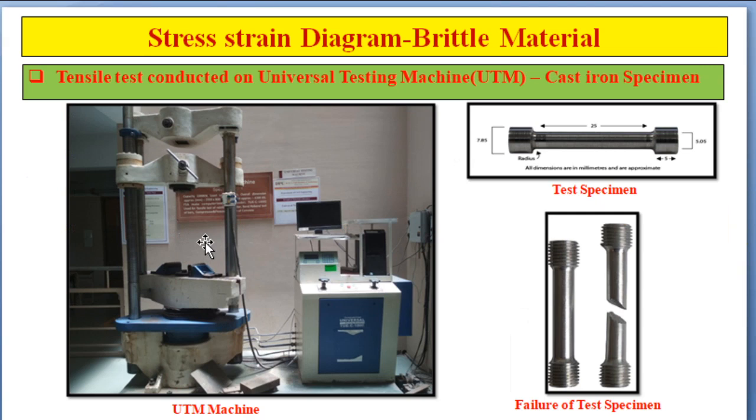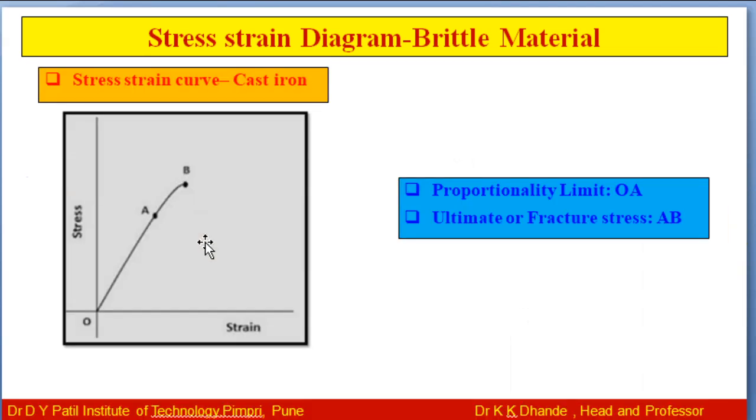Now when we see the stress strain diagram for both materials, you can observe that here the diagram is only a straight line from O to A, and it slightly deflects at point B.